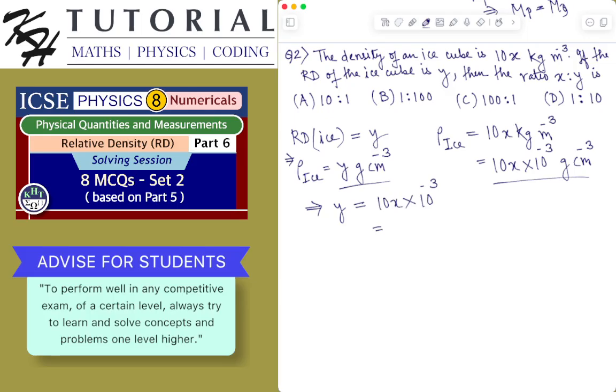If I simplify the right hand side, it becomes x by 100. The problem has asked the ratio of x is to y. So from y equals x by 100, we can say x by y will be equal to 100 by 1. So x is to y is nothing but 100 is to 1. So the correct choice is C.